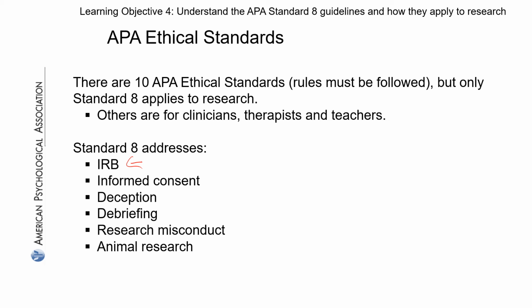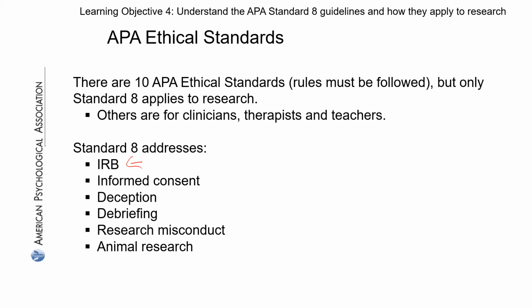You also must on the IRB have at least one member of the general public, so someone who's not a researcher. So the people who decide if it's ethical or not aren't just the people doing the research. It's not like people are going to scratch their own backs or the backs of their friends. You've got people on the IRB who are outside of the institution.